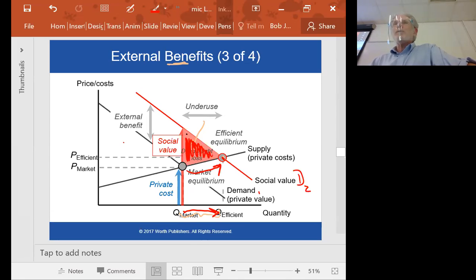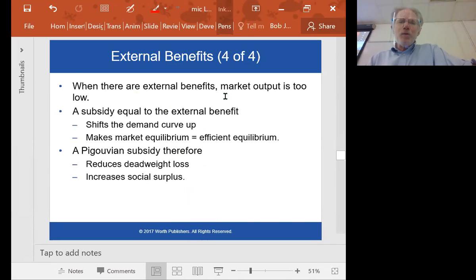If you have external benefits, then the price does not reflect all the benefits. So you're going to have underproduction. So you're trying to increase production, and you can do that through the subsidy. Okay?